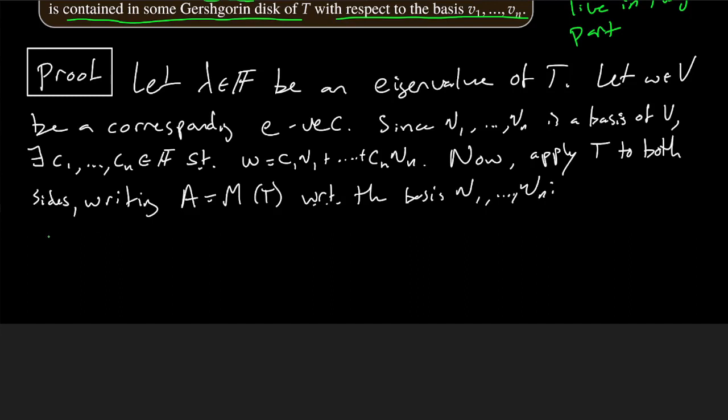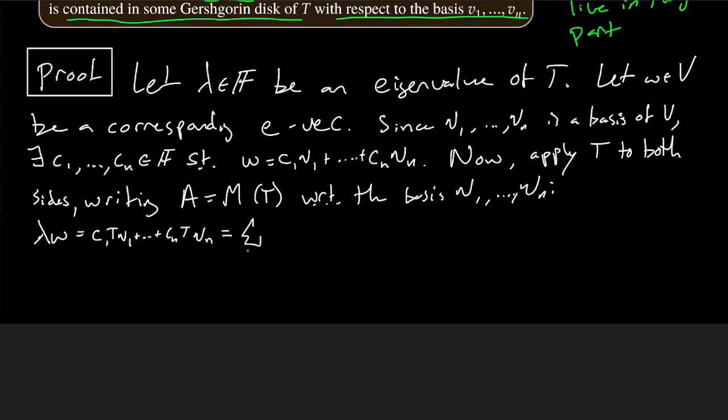Okay, so we get lambda w, well, this is just going to be equal to, here, I'll write it this way, c1 T v1 plus dot dot dot all the way down through cn T vn. But I know how to write each one of these, and now I'll put it into summation notation.